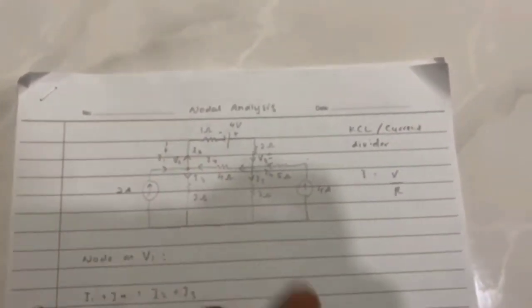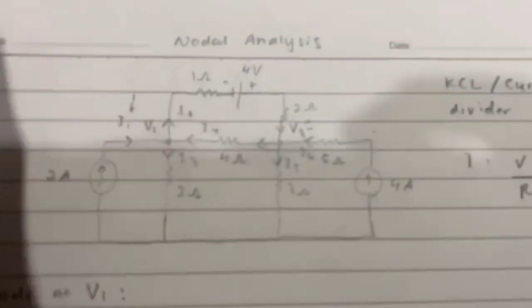Okay, let's go to the second equation. The same situation applies as explained for the node V1. We need to find where the current is in and where it is out. Which current is entering the node V2?